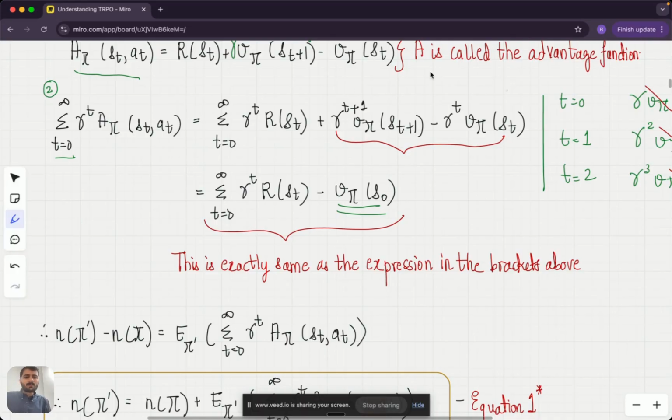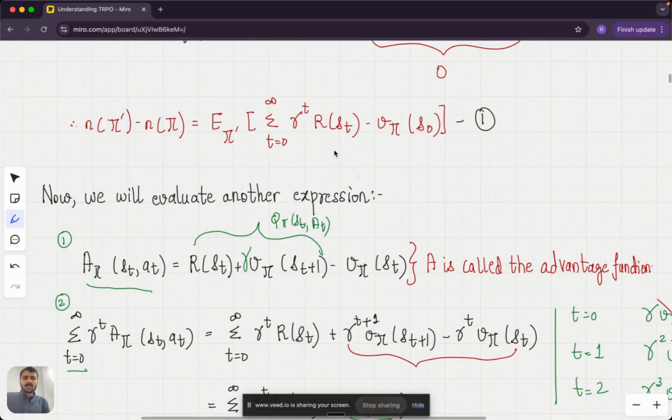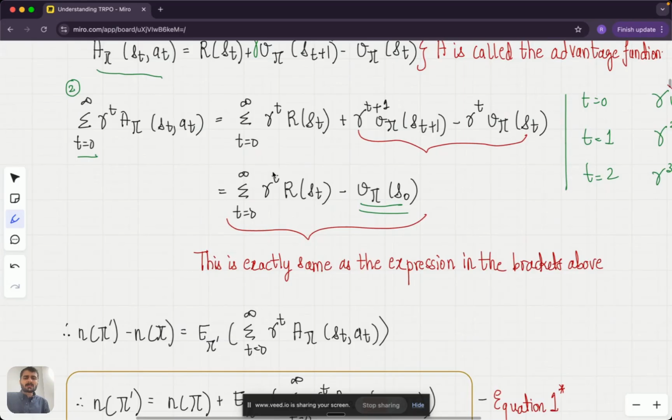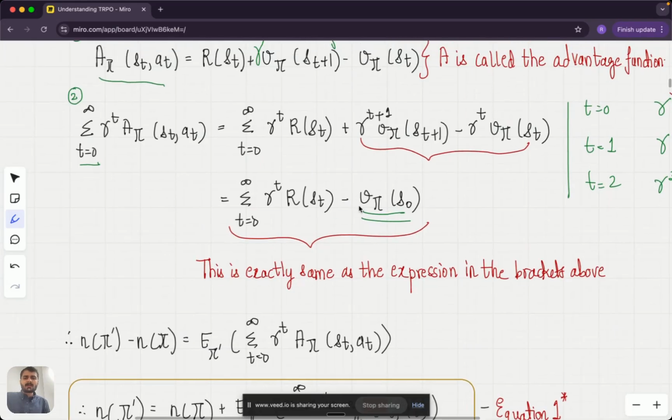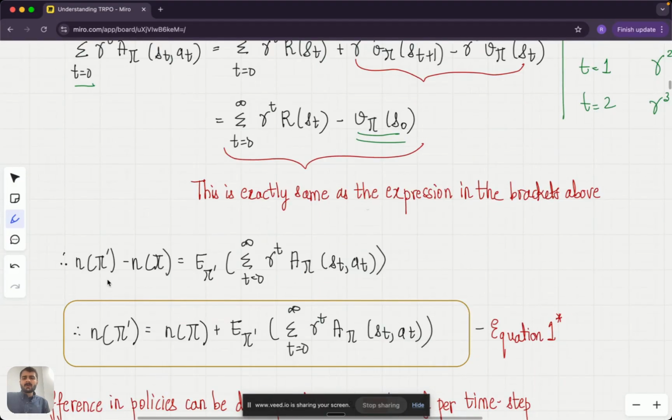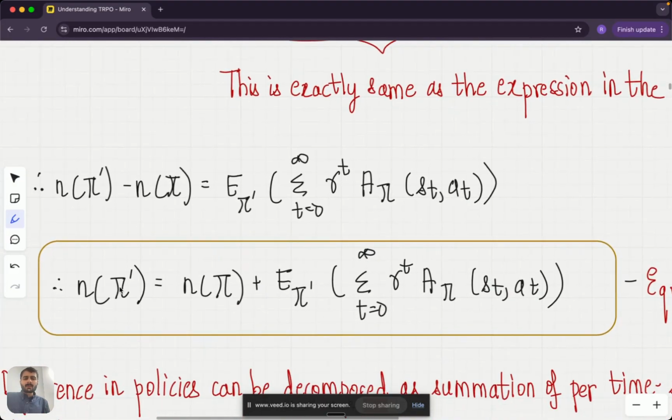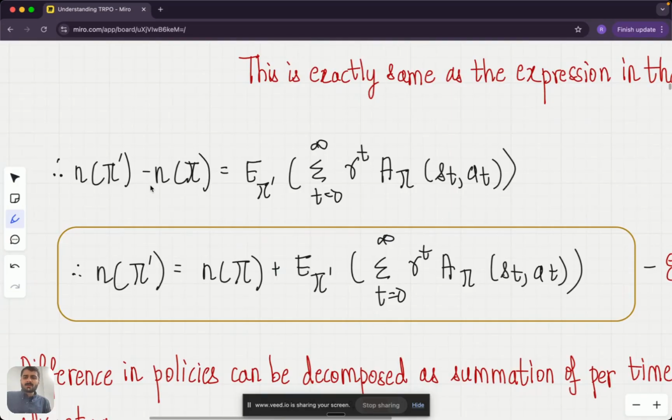So if we use the telescoping sum over here, all these terms cancel and the only thing we get is minus v pi of s0. Now look at the first expression that we had got in this bracket. This is exactly the same as this, which means that we can now write the difference between the performance measures of pi dash and pi as the expected value over pi dash of the summation of all the discounted advantages.